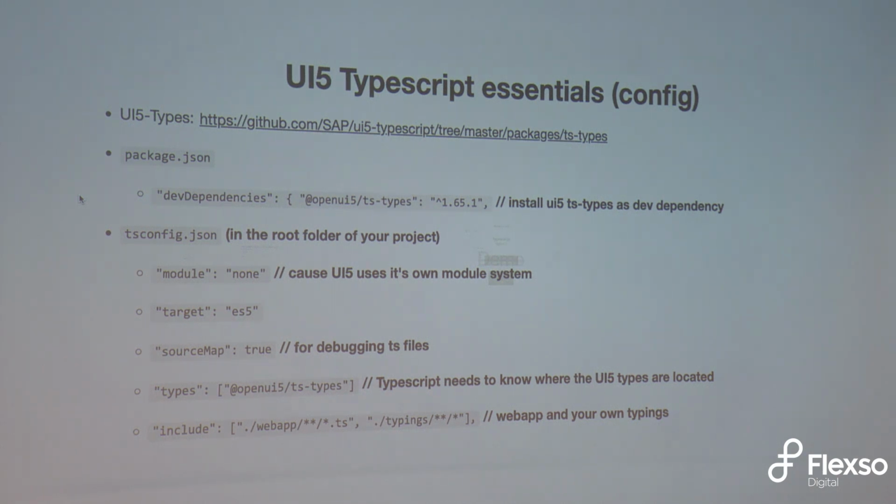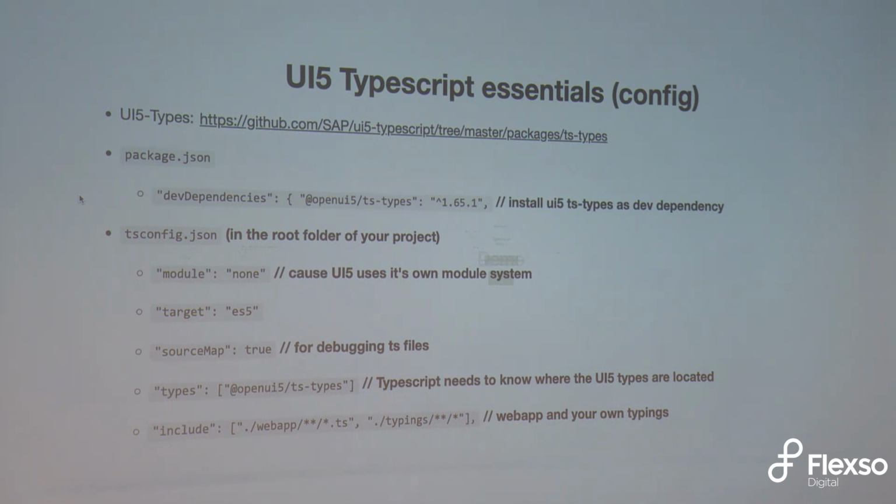And for UI5 projects, you have to set a few properties in this configuration file. The first one is the module. The module has to be set to none, because TypeScript out of the box supports the AMD module system and CommonJS module system.